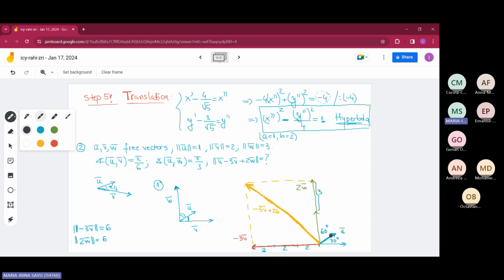Well, we have to form again a parallelogram, and we'll see that the sum will be this diagonal. Okay, so we know nothing about this, right?